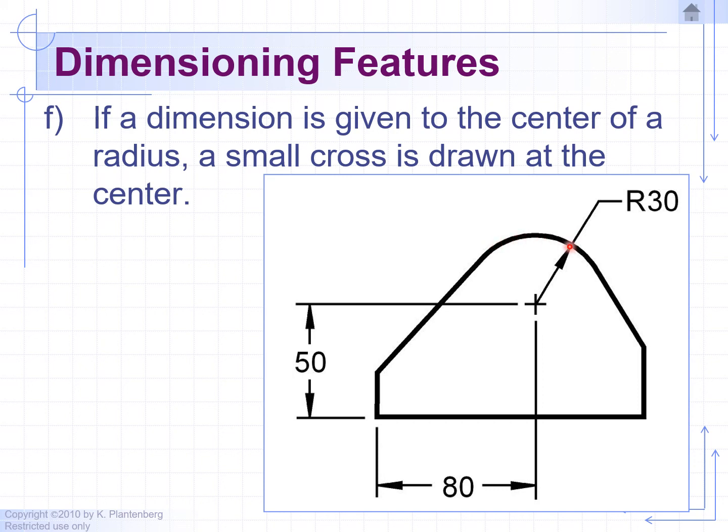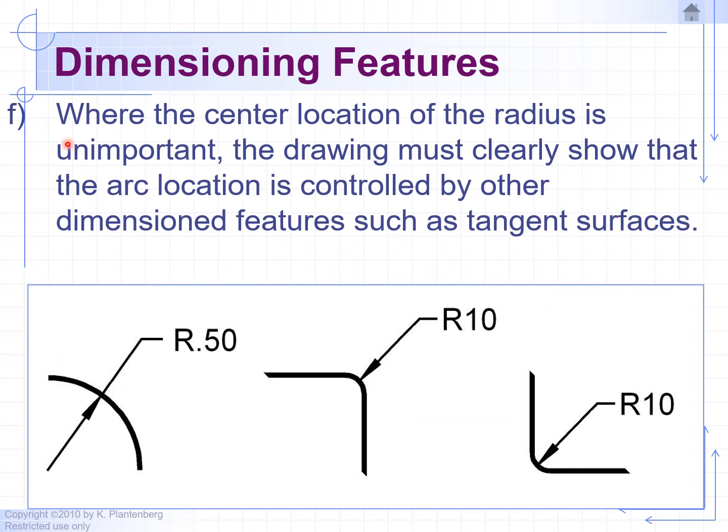Or once again, it's to mate with another part. So this is the way you dimension it, and you do it with a simple center mark. In this case, you do not extend. Again, this is a very rare situation, but it does exist. Next slide. Here's what's more common when it comes to a fillet, a radius, an arc.